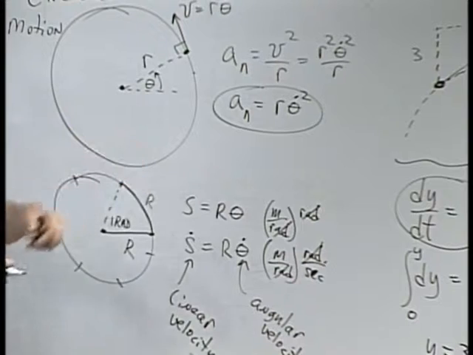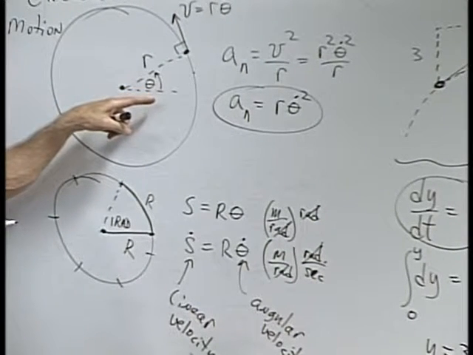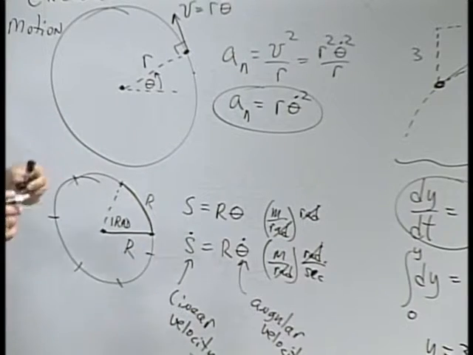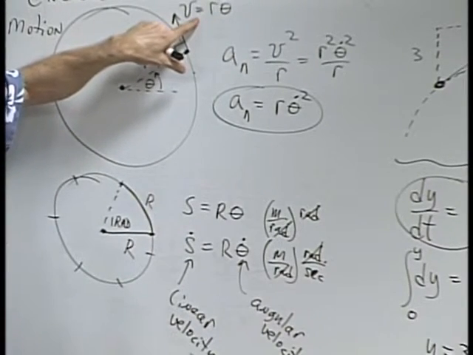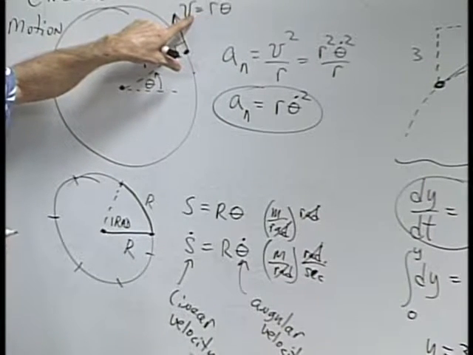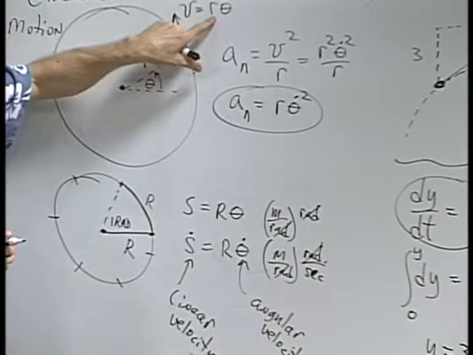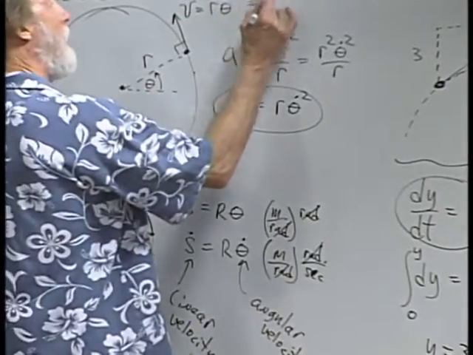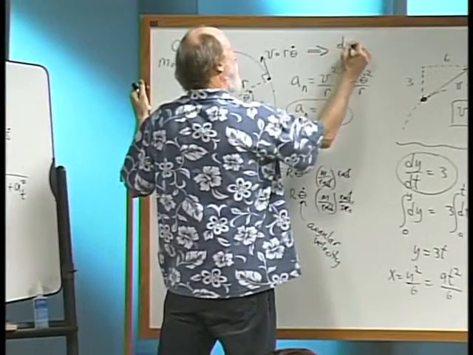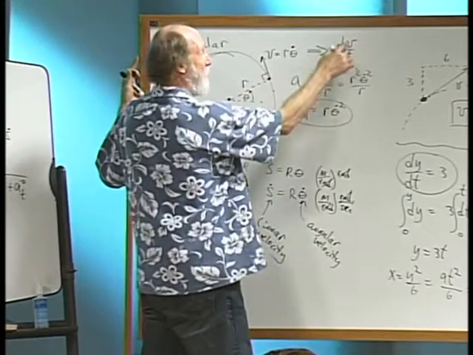So there's the normal acceleration. Tangential acceleration comes from the rate of change of this right here, holding this r constant and taking the time derivative of the speed, which is the time derivative of a scalar quantity.